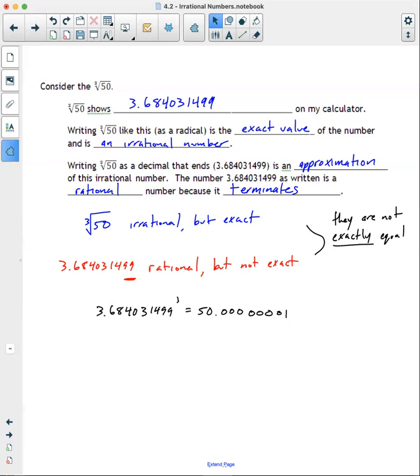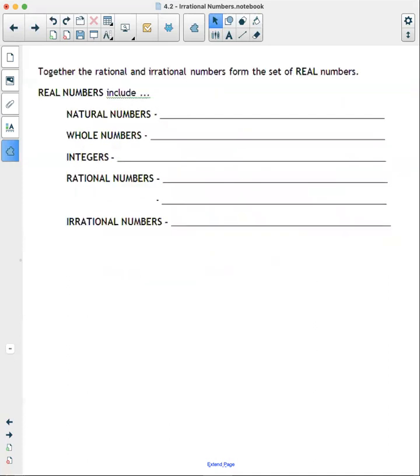So just to summarize what we've just been talking about, any number that terminates is a rational number. Any number that is non-terminating is irrational. Okay. Together, the rational and irrational numbers form the set of real numbers. Okay. And real numbers include the natural numbers. So think of these as your counting numbers.